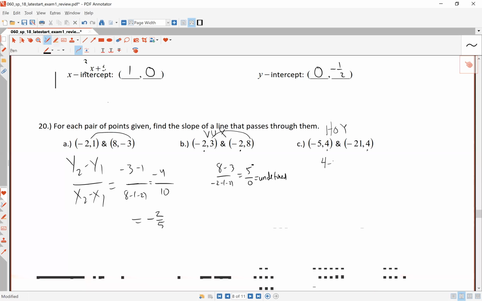So when you do y2 minus y1 over x2 minus x1, the numerator is 0 this time, and the denominator is -16, and that's 0. So horizontal lines have 0 slope, and vertical lines have undefined slope.